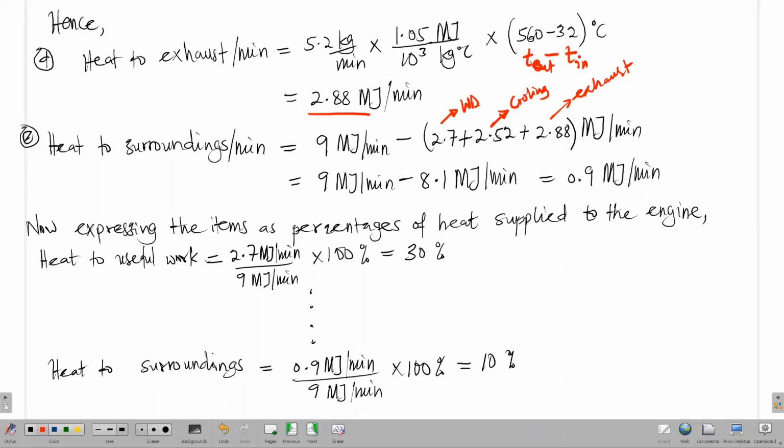When we add them up and subtract them from the total energy that was produced as a result of burning of the fuel, we arrive at this figure, which is 0.9 megajoules per minute.